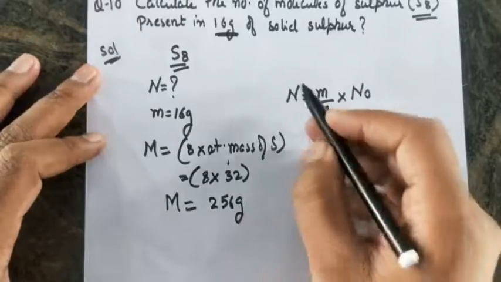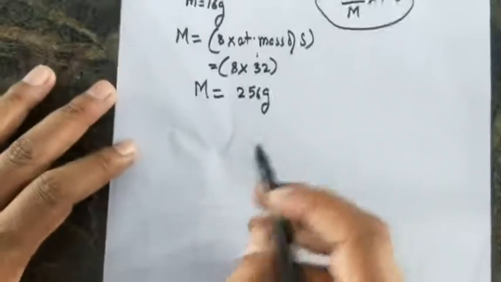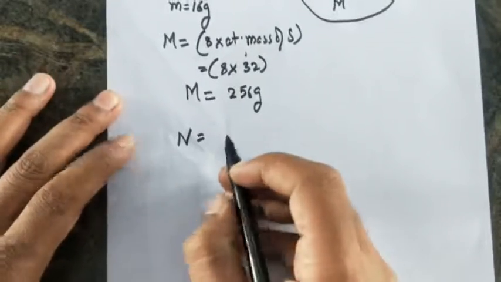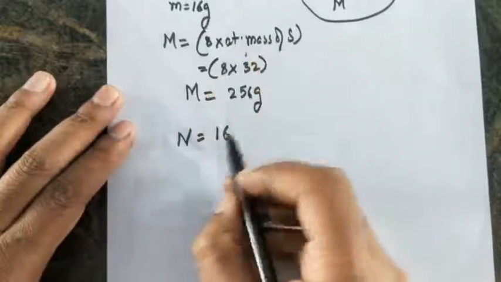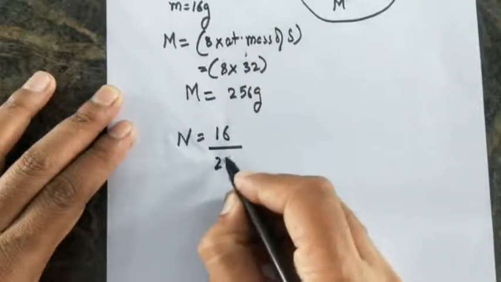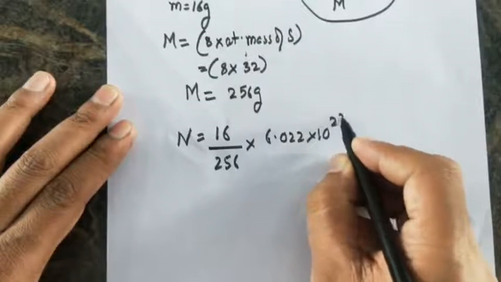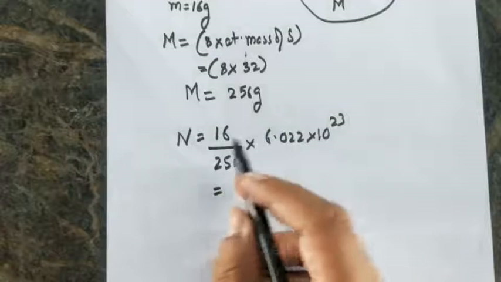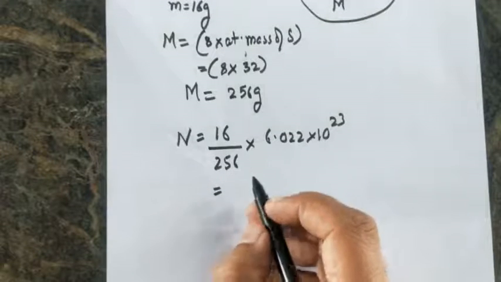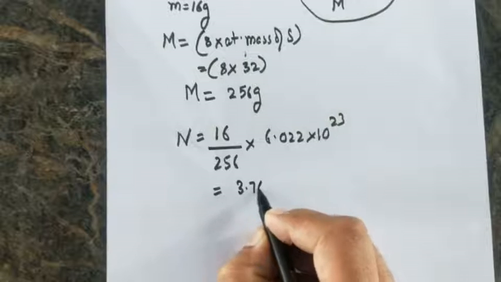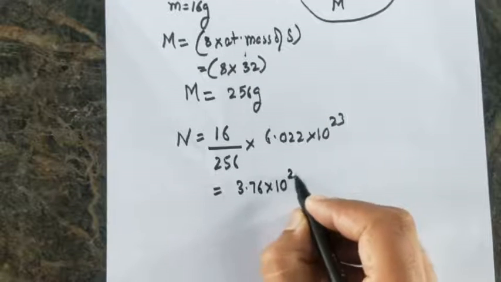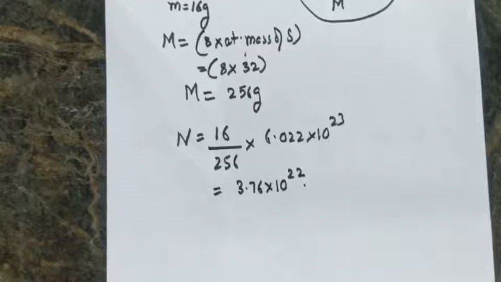Now, substituting these values in this formula, that is capital N is equal to small m, that is 16, upon capital M is 256, into N naught, that is Avogadro's number. And on solving this, answer comes out to be equal to 3.76 into 10 raised to 22, which means 16 gram of solid sulfur contains 3.76 into 10 raised to 22 sulfur molecules.